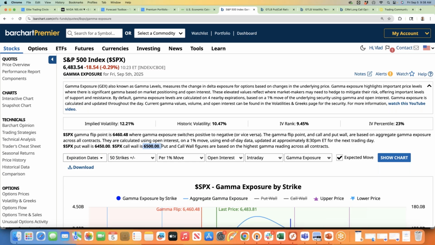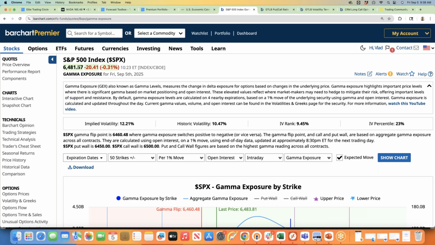You could see the wall at 6,500 in the morning. It was 6,500 on the put wall, and the gamma flip support is at 6,460. As long as we are above 6,460, bulls will step in and support the market.